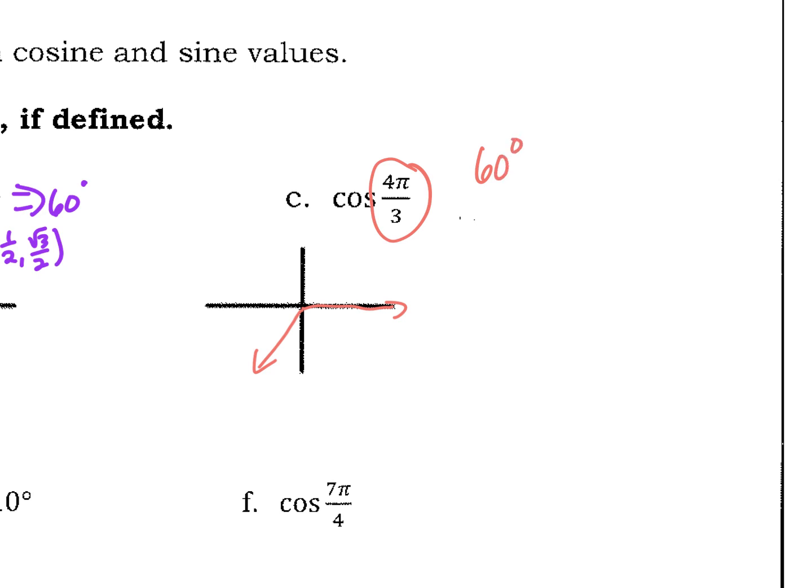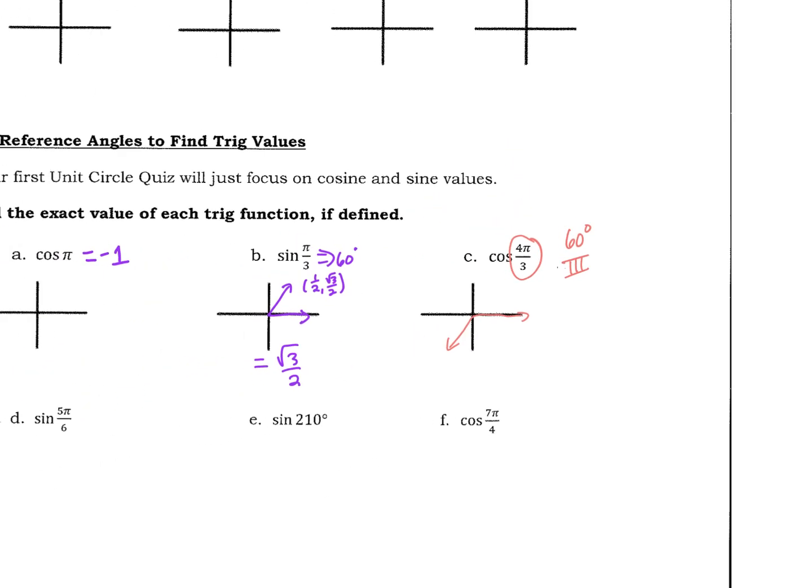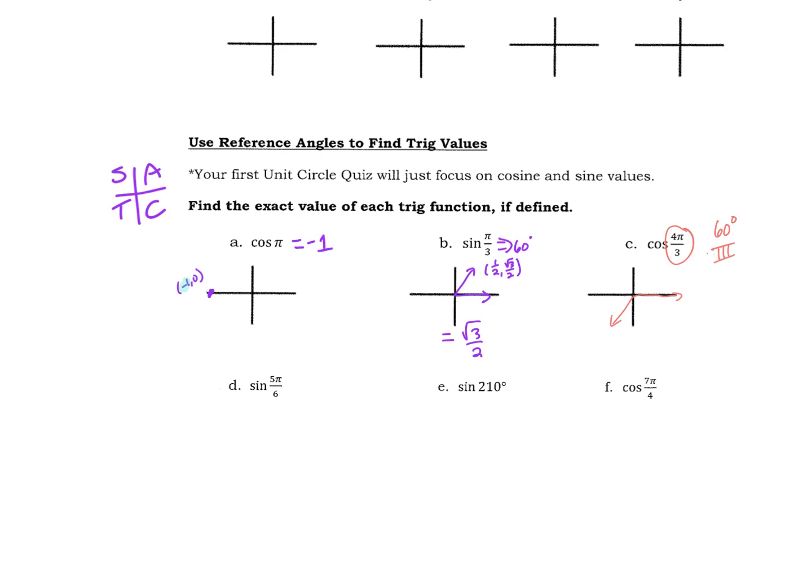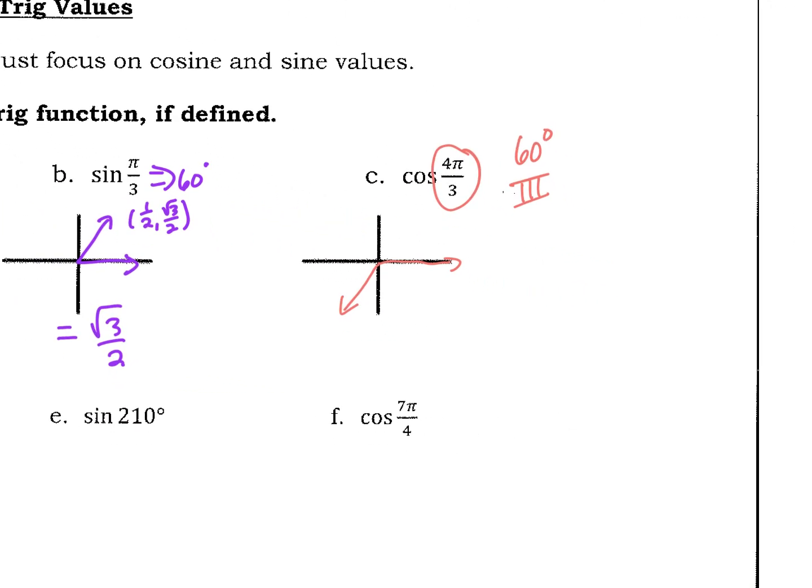And I know it's in quadrant 3. And in quadrant 3, I know that the only value that is positive is the tangent. And so I know my cosine value has to be negative.